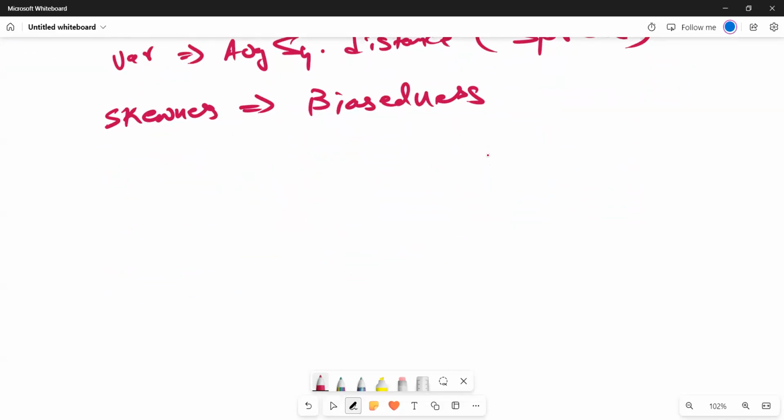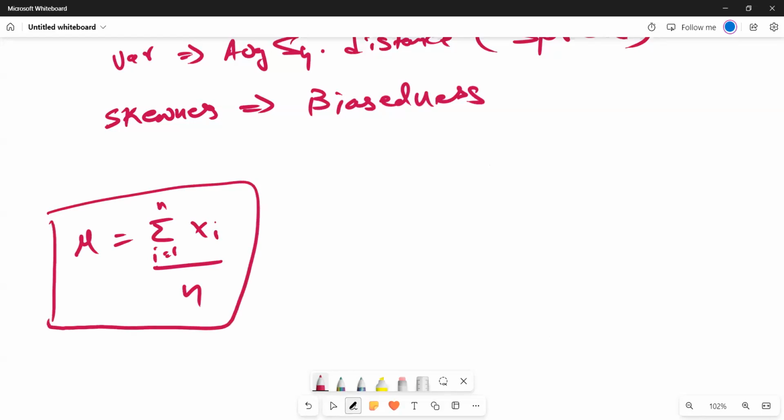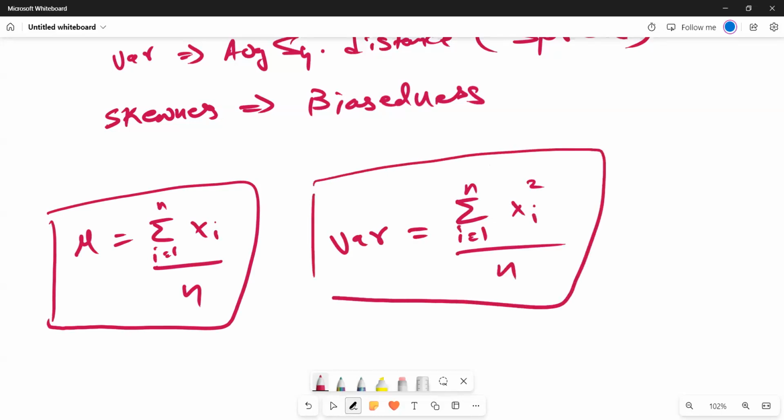Now, moving ahead, like how we can easily calculate the mean of the data by simply taking the sum of the numbers and dividing it by the total number of values. How we can calculate variance by simply taking the sum of squared numbers, which is xi square, and dividing it by the total number of values.